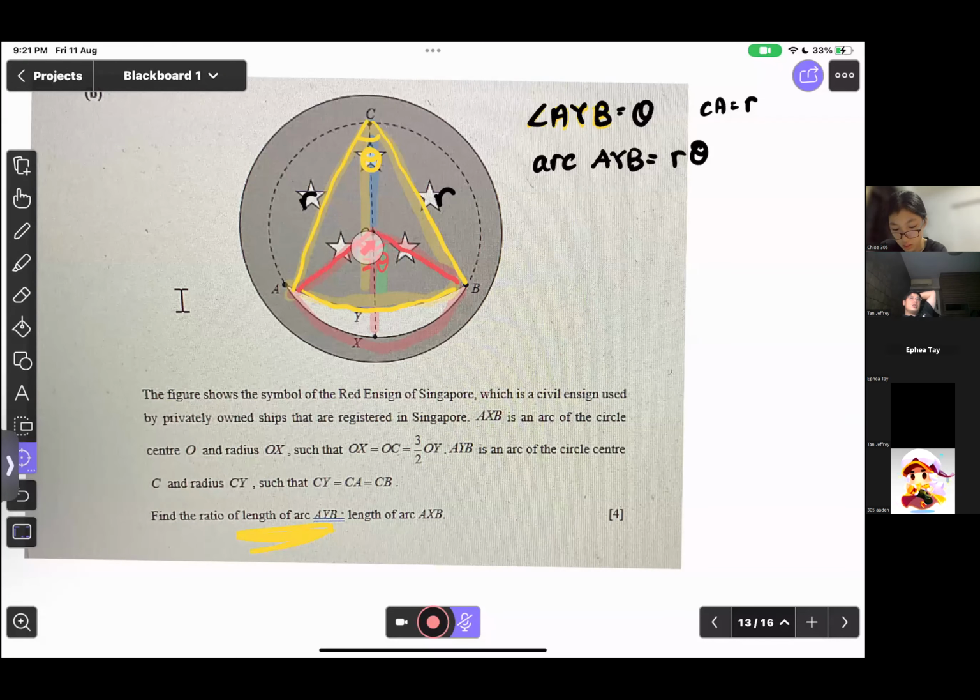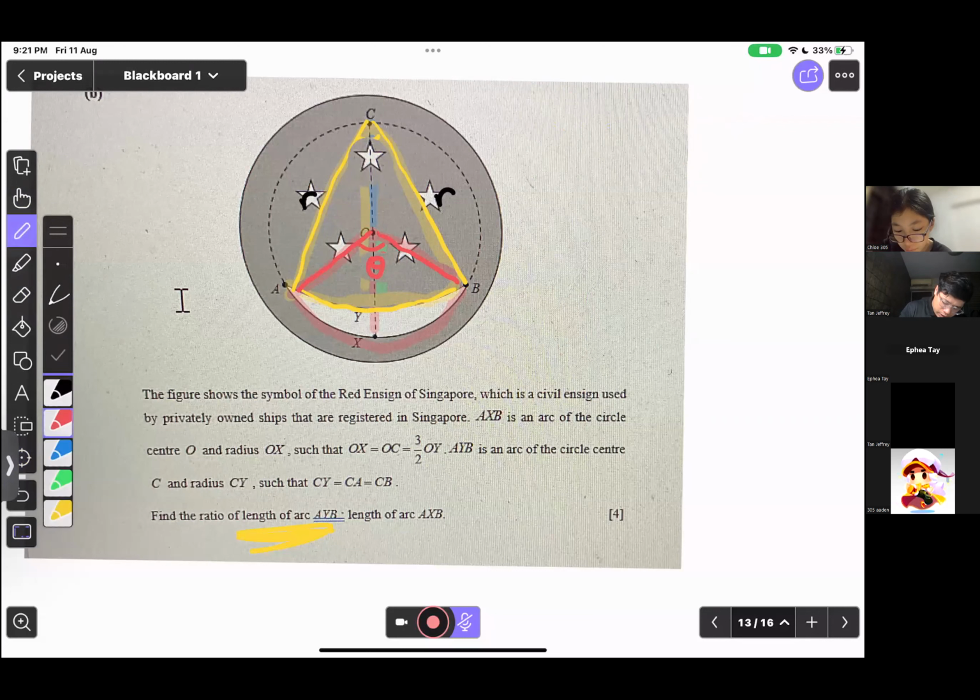Okay, I call this theta, then this one can be half theta. I call this R. This part is also R. This will be 3 over 2 of R. Can I say that?